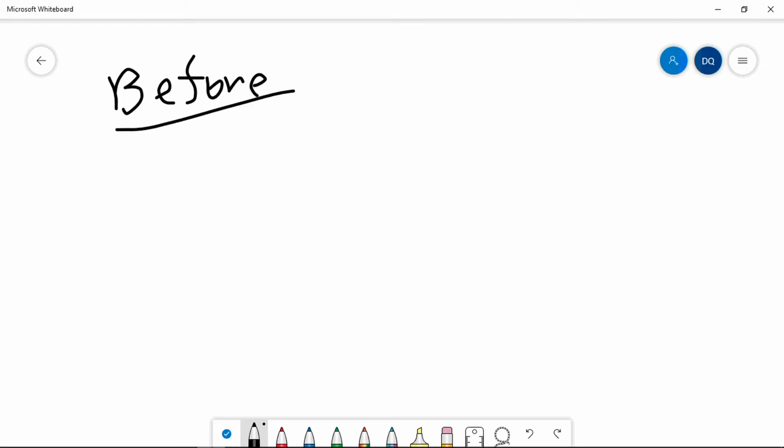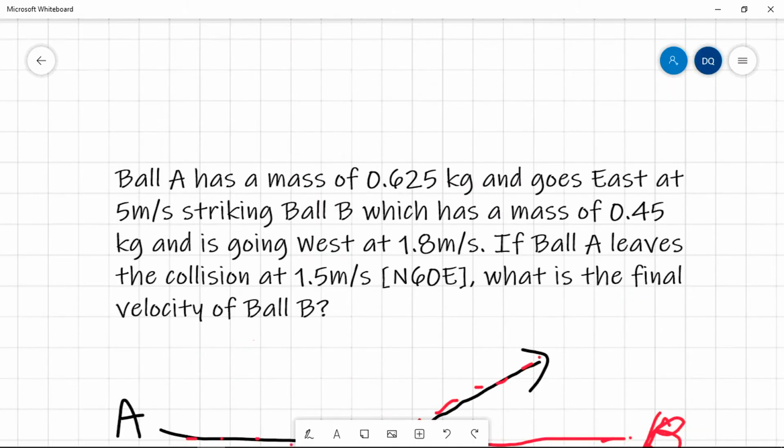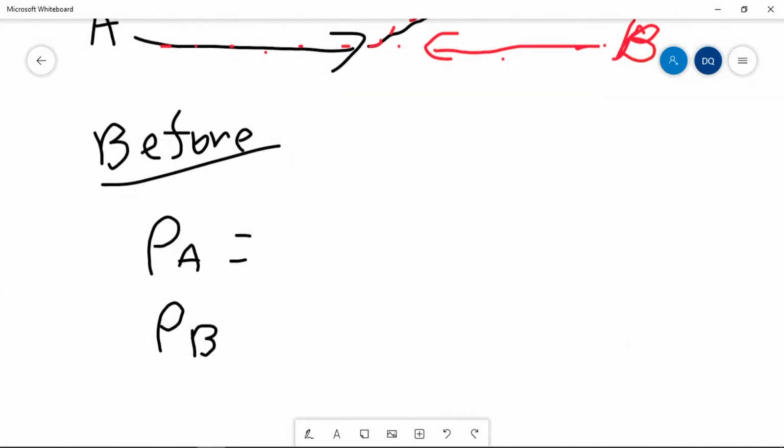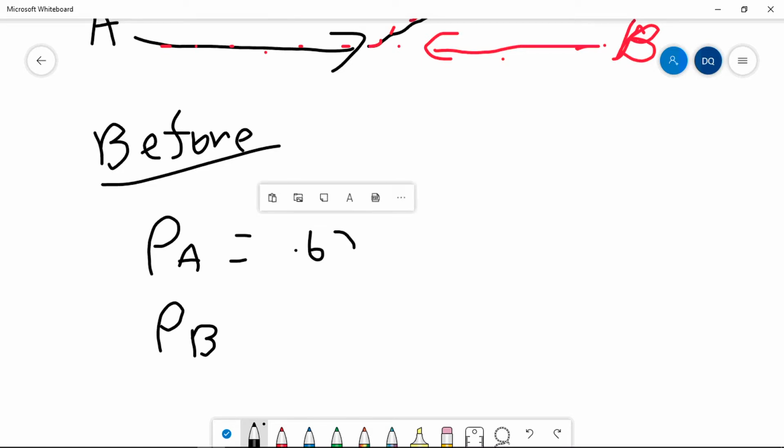So before the collision, our total momentum is the momentum of ball A plus the momentum of ball B. Ball A, with its mass of 0.625 and its velocity of 5, had a momentum equal to 0.625 times 5, and that was going east.